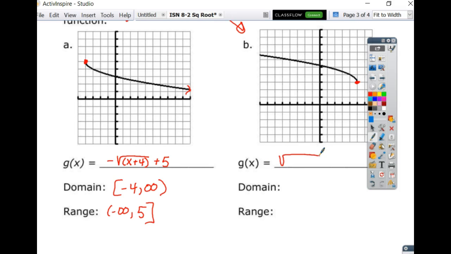Okay, so this one, this is your H and K right here. When you write this one, you have to write it like this. I'm going to put the negative here, and then I have to put parentheses.